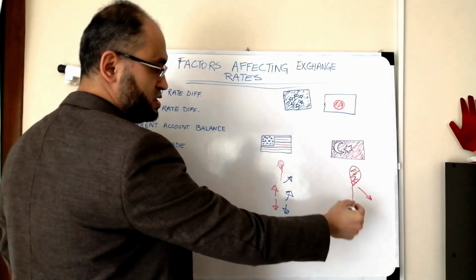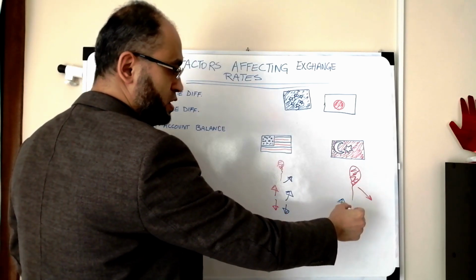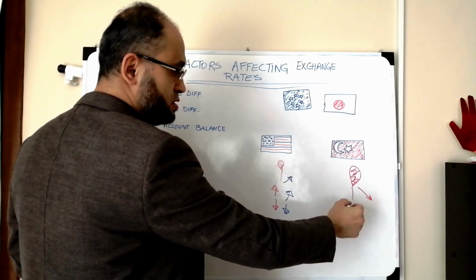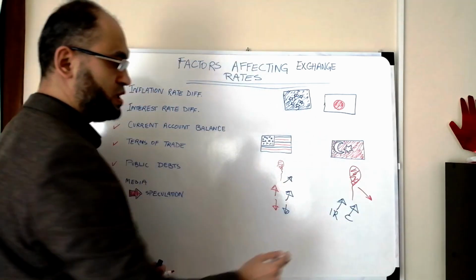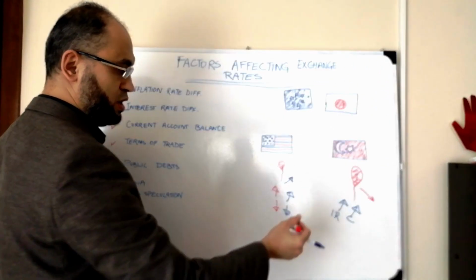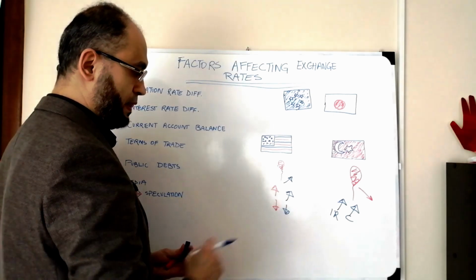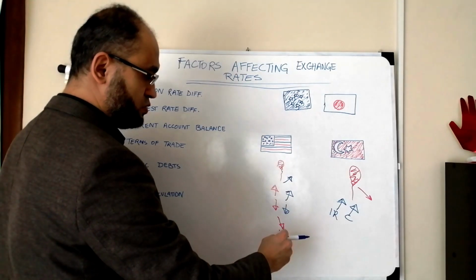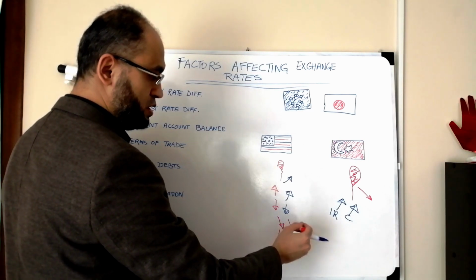Let's say the interest rate is here very high, and so their currency appreciates. And in the other country, with respect to the other one, let's say they have lower interest rates, and therefore lower interest rates means that the currency with respect to the other country will depreciate.